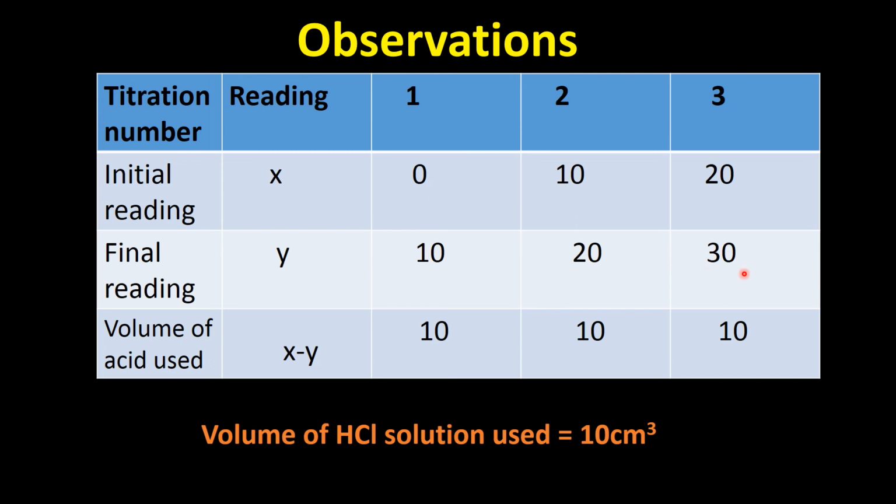At 30 centimeter cube, the indicator discharges its color and changes into light pink, and again the difference of 10 takes place. So after taking the mean value, the average, 10 plus 10 plus 10 divided by 3, I get the volume of hydrochloric acid solution used as 10 centimeter cube.